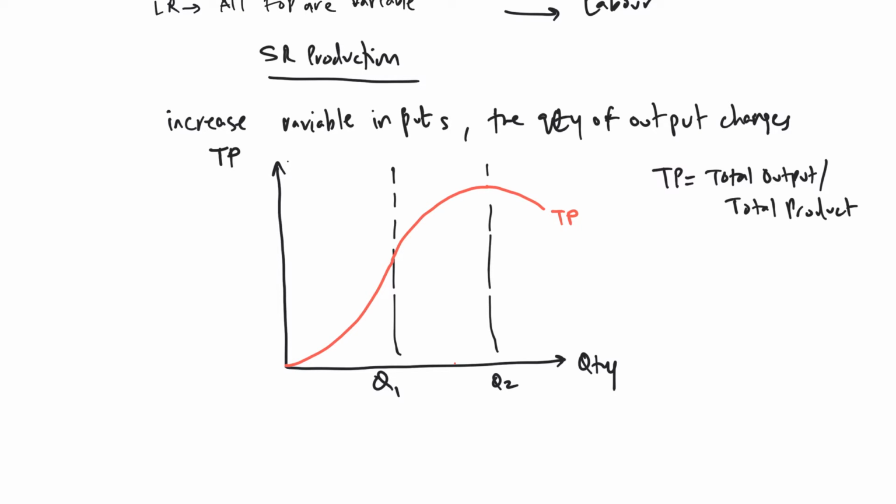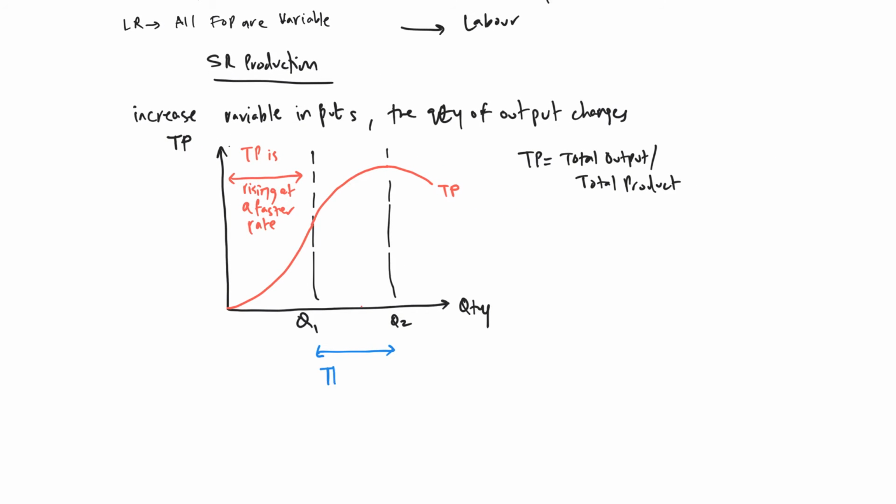In fact, initially TP is rising at a faster rate. And then comes a point when TP is rising at a slower rate. And then comes a point when the TP is falling.